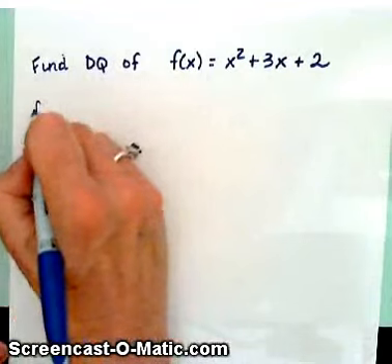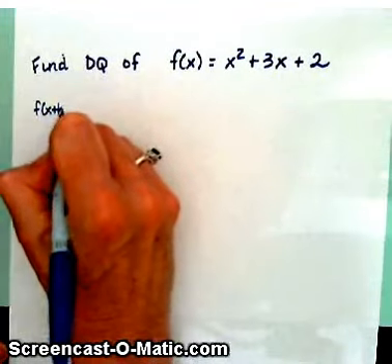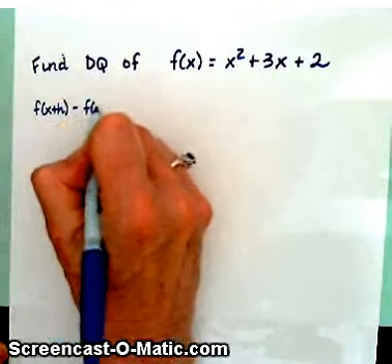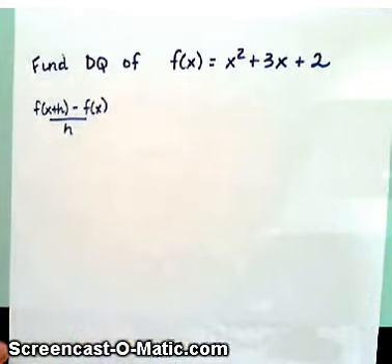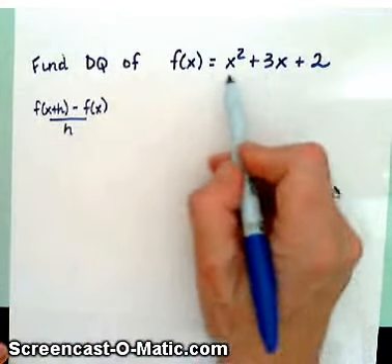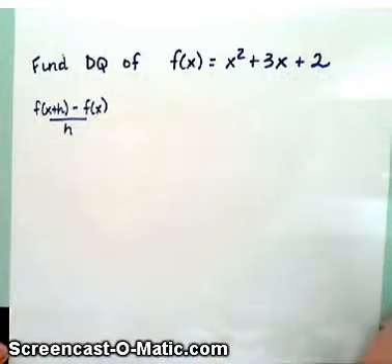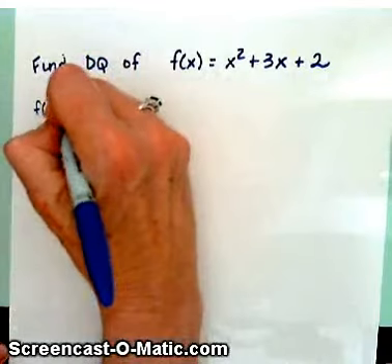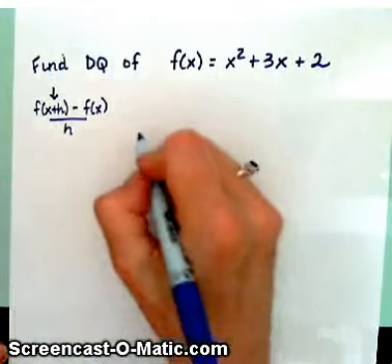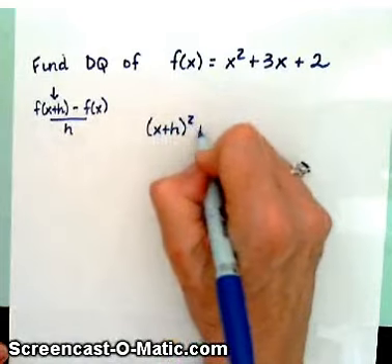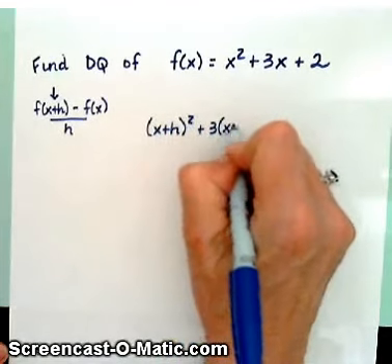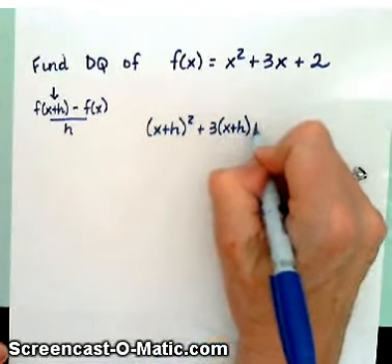I need f of x plus h minus f of x, divided by h. So here, instead of this original function, everywhere there's an x, we're going to plug in an x plus h. So here we go. (x plus h) squared plus 3(x plus h) plus 2.